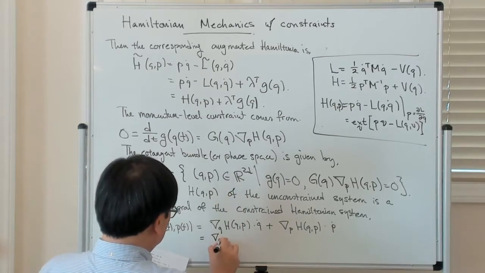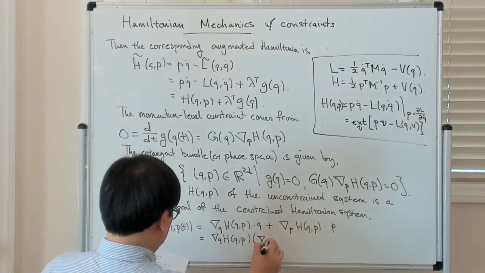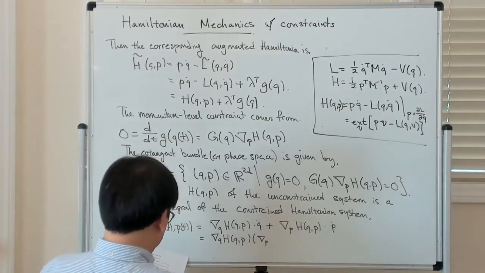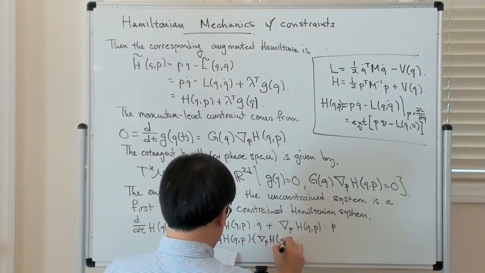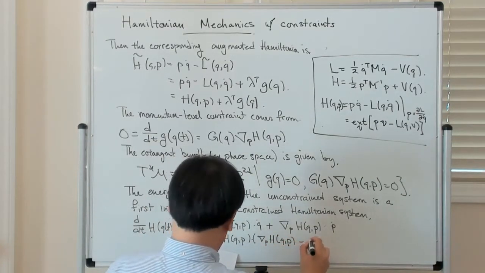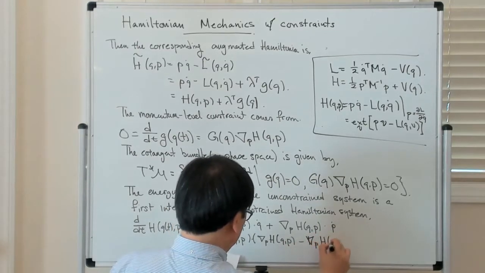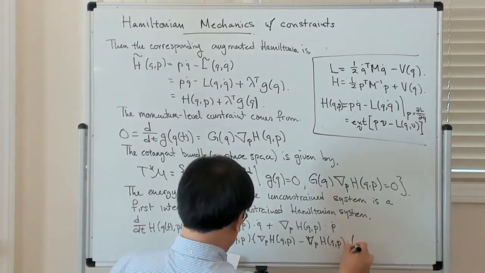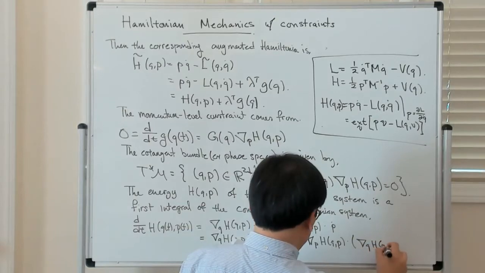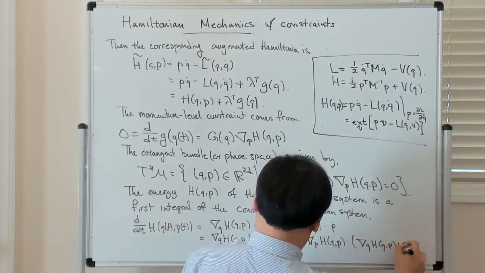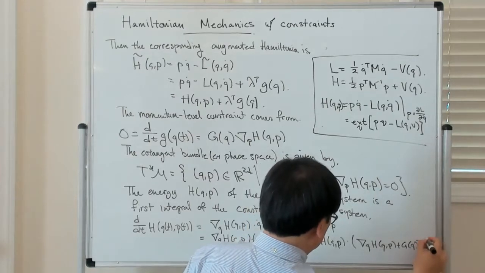This is gradient q H times gradient p H, minus gradient p H dotted with gradient q H plus G transpose lambda.